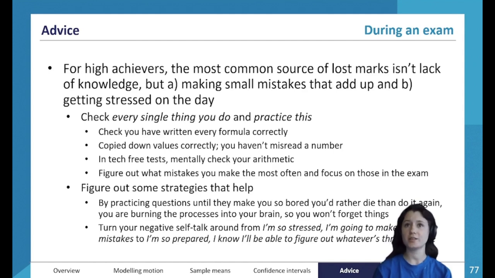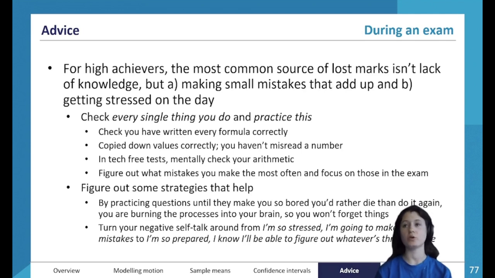During your exam, one of the biggest things is students being really high achievers and knowing a lot about the content and practicing a lot, but they just make small mistakes that add up or just get stressed, right? So my tip for making small mistakes, because I've been there and I've done that, is to just be ridiculously thorough.